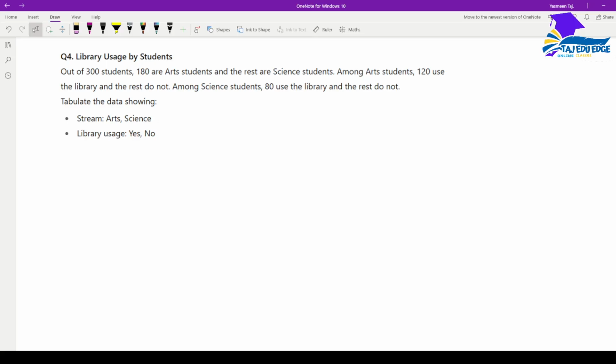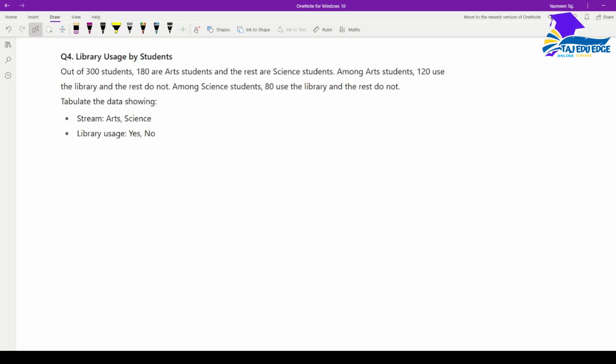Among arts students, 120 use the library and the rest do not. Among science students, 80 use the library and the rest do not. Tabulate the data showing stream, that is arts stream or science stream, and the library usage, whether they use. If they use, it is yes. If they are not using, that means no. So they have said how many students there are in total.